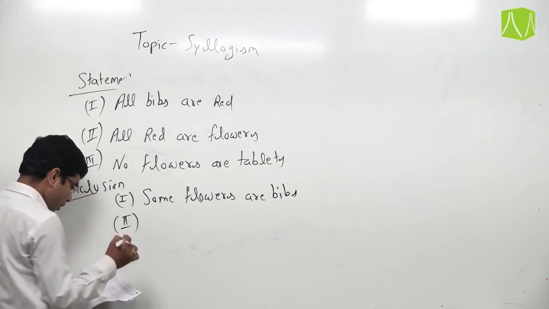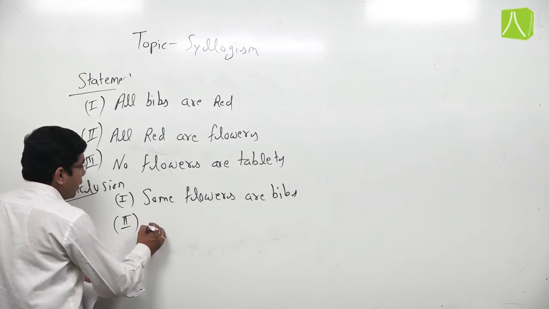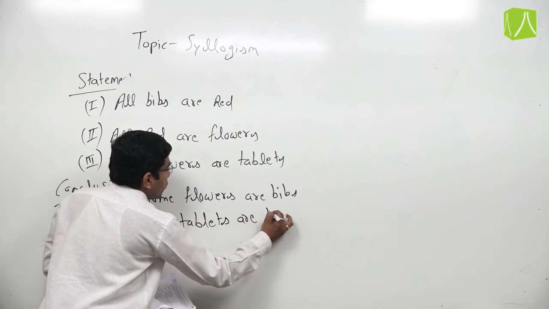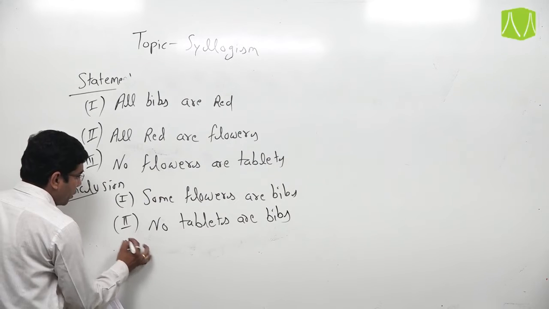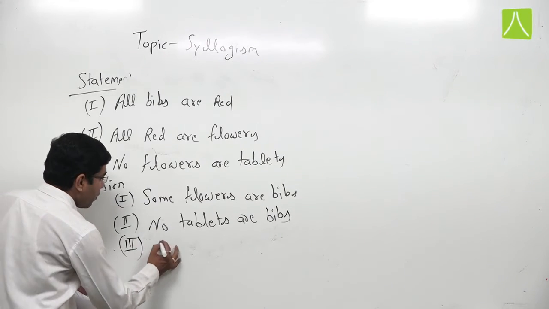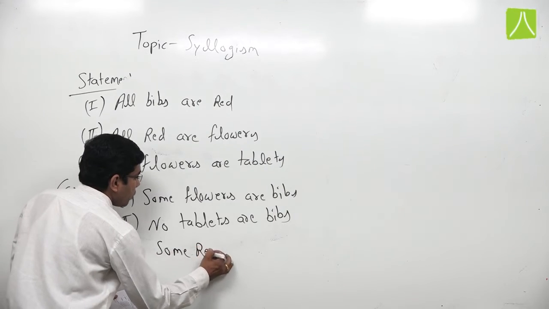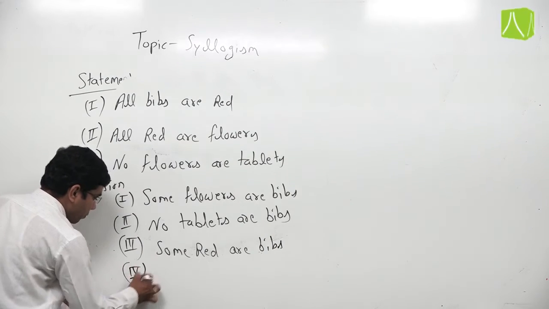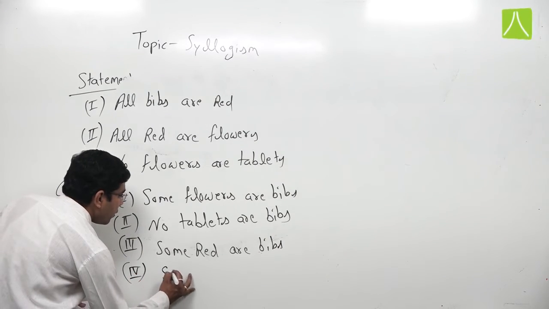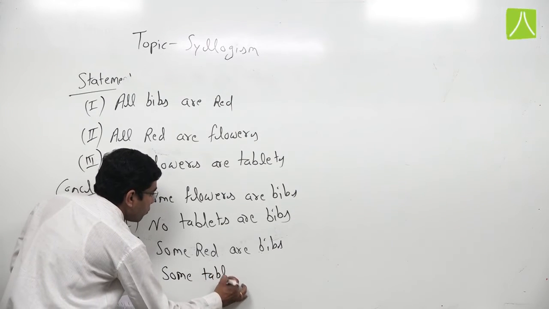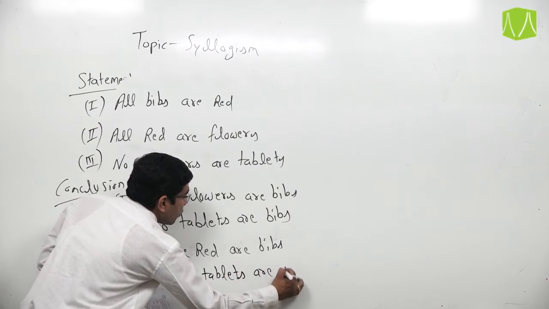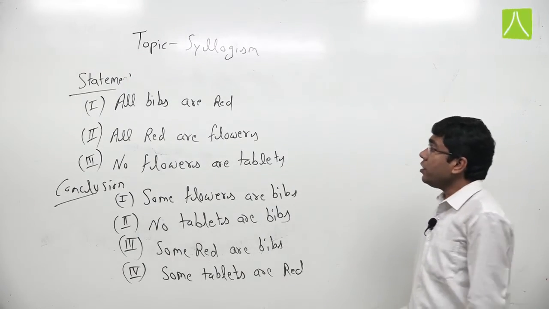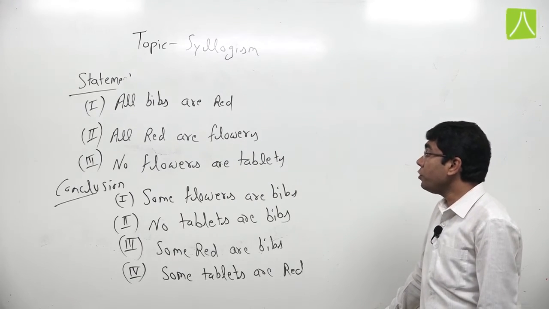Second conclusion is no tablets are wives. Third conclusion is some red are wives. And fourth conclusion is some tablets are red. Now, according to these three statements, we have to find the four conclusions.